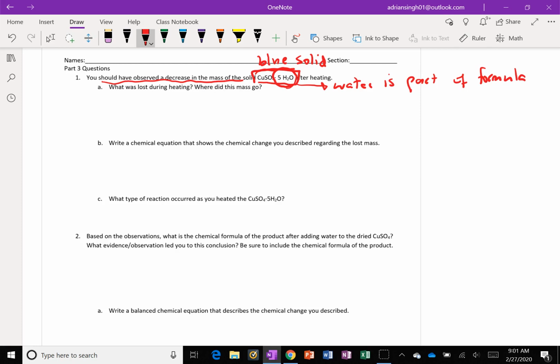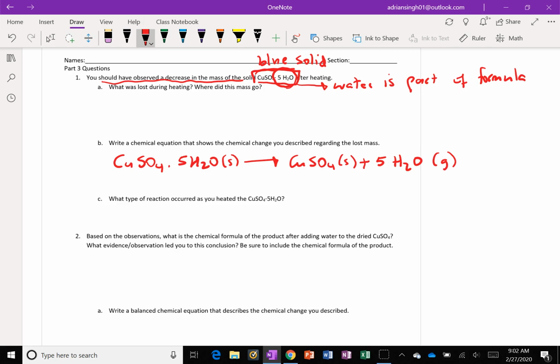So essentially what's occurring here is you're going to start off with your copper sulfate hydrate. We're going to heat it, and as a result, this breaks down. We drive off those 5 water molecules, and those end up leaving as water vapor, and then we're left with just a solid copper sulfate.